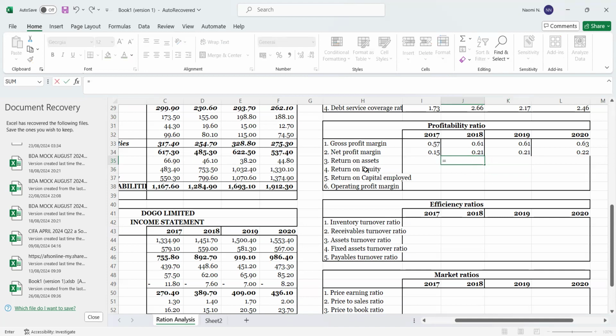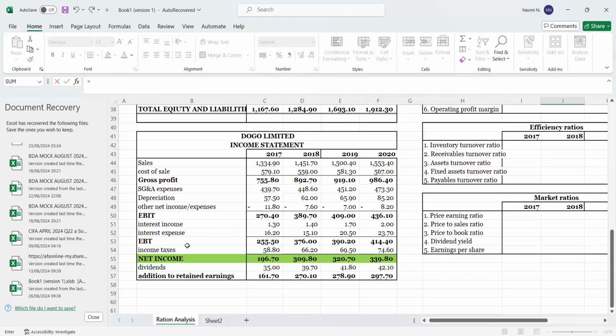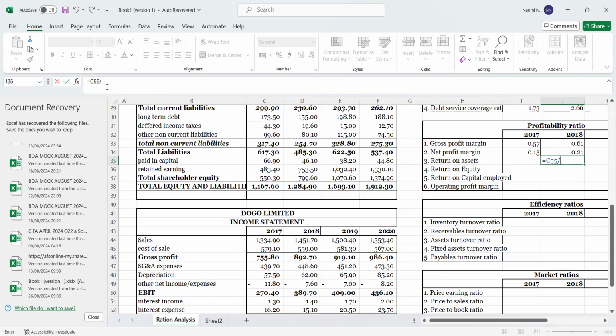Please look. We say that return on asset, we will calculate by net income divided by, here is my formula, up here. You can see my formula from up here. Divide by average. I will just insert the formula of average.